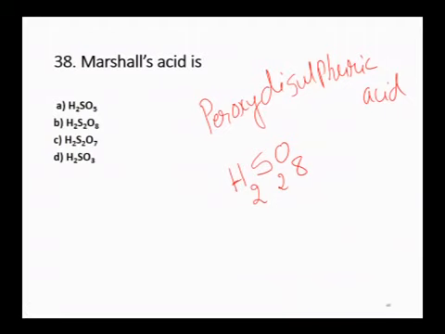H2SO5 is called Caro's acid. H2S2O7 is called oleum. H2SO3 is called sulfurous acid. So, peroxydisulfuric acid is called Marshall's acid. Its suitable answer is H2S2O8, B.